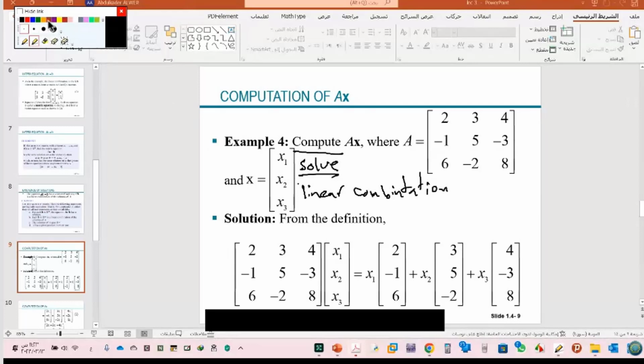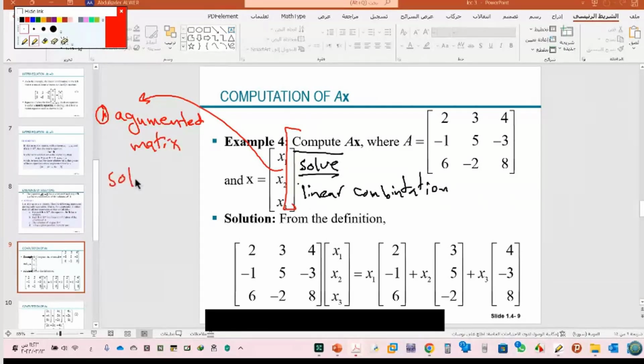We have to do these steps first. For that, we have to make the augmented matrix. Solve it. Find values.